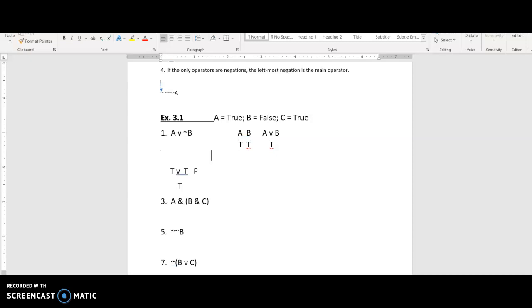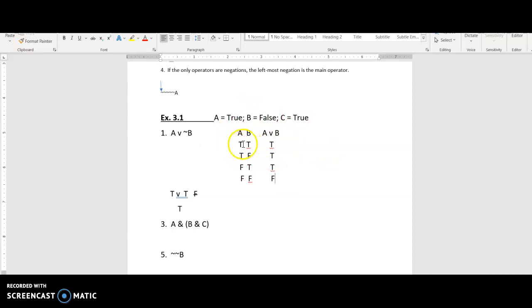If you have true, false, it comes out true. If you have false, true, it comes out true. And if you have false, false, it comes out false. So this is called the truth table for disjunction.